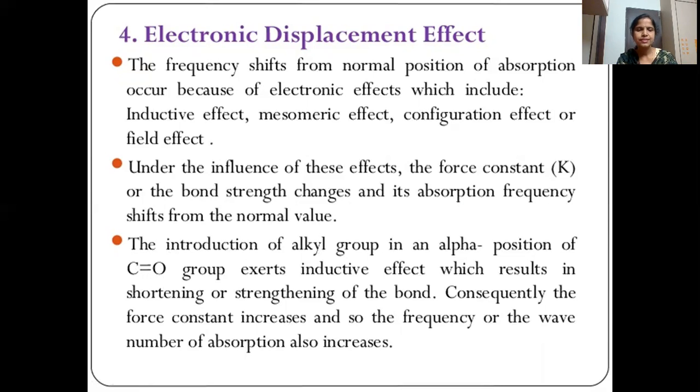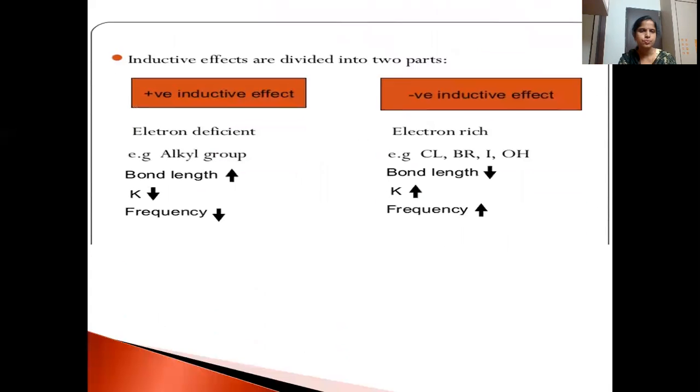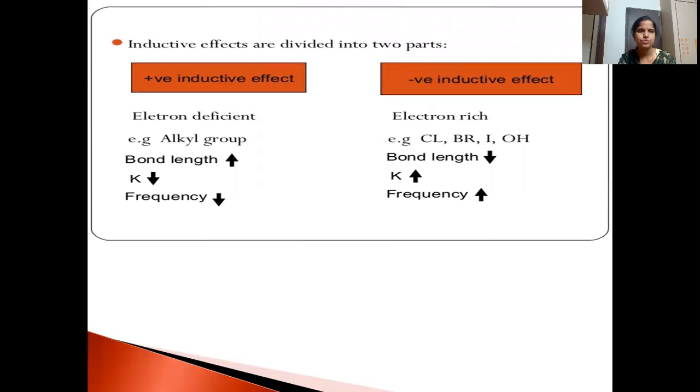When bond length decreases, a high amount of energy is required to break the bond. That is, the force constant is more. So when the force constant increases, the absorption frequency also increases. That is in the case of the alkyl group acting as a plus I group, that is, it is releasing the electrons.